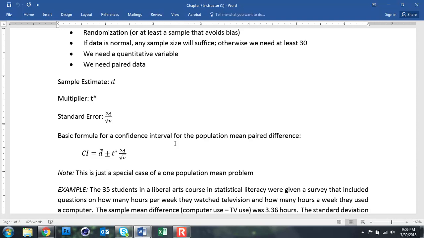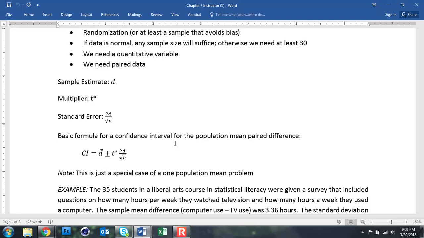Now this is very, very, very close to something that we've dealt with in the past. I'm going to take you back to chapter 3 for a moment, where we did a confidence interval on one population mean was x bar plus or minus our t-star multiplier times s over the square root of n.